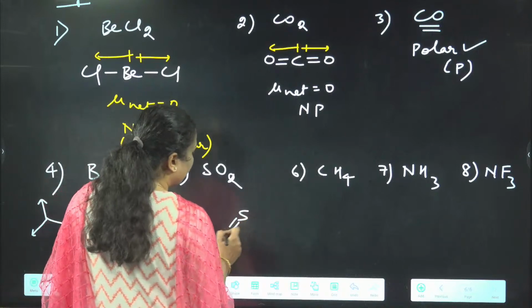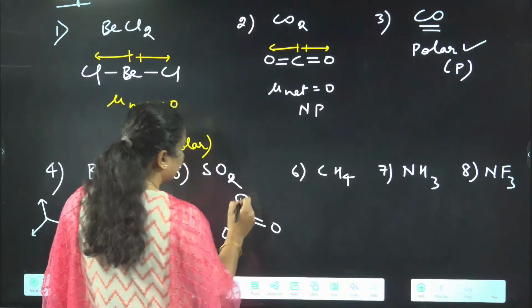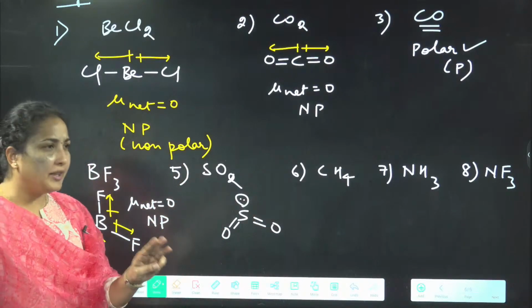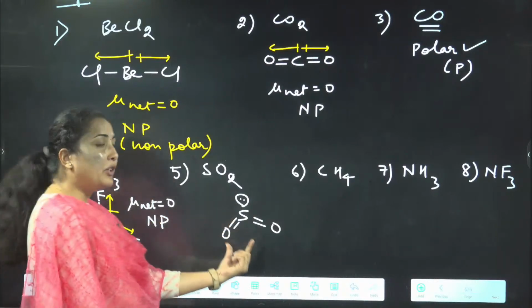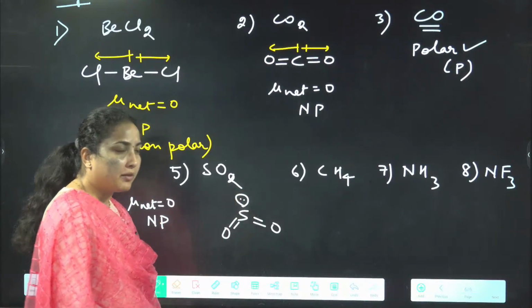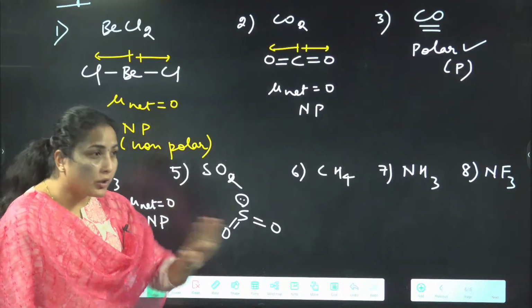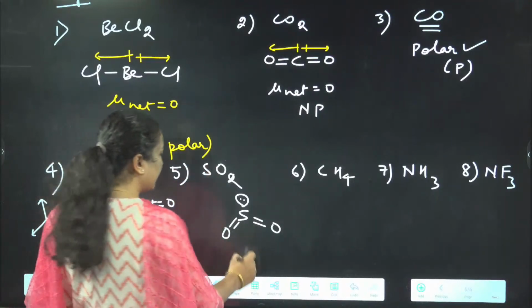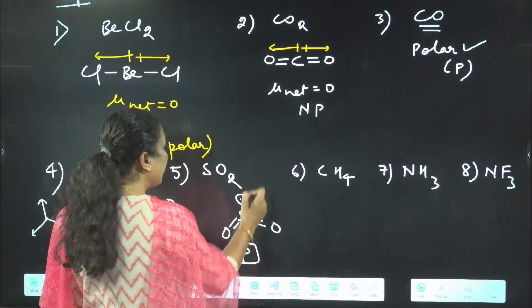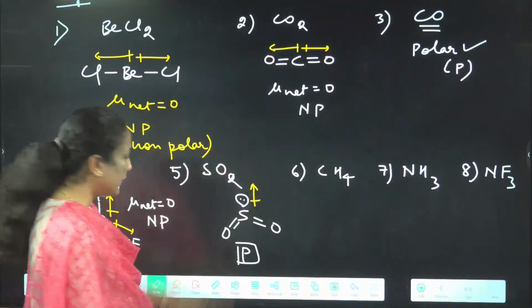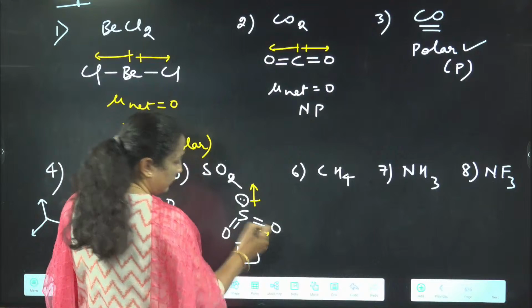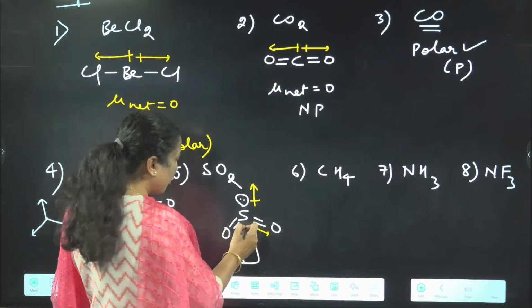Again, for SO2, I have three things to arrange, but are those three things the same? They are not the same. I am having two oxygen atoms and one lone pair. So it is not a regular geometry. Not a regular geometry in the sense it is going to be polar. Reason being the dipole moment for the lone pair will always be directed away from the nucleus. Out of sulfur and oxygen, oxygen is more electronegative.